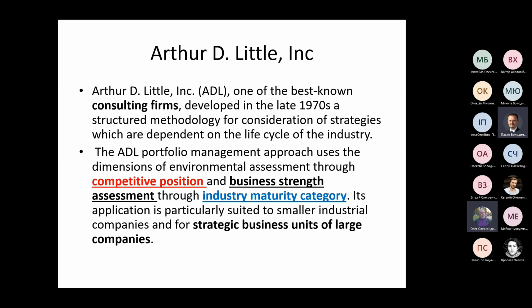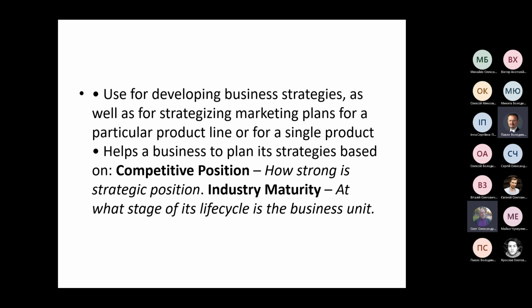But they saw this problem of defining the competitive position of the company. And they decided not to use the BCG approach, but also not to use the General Electric approach.